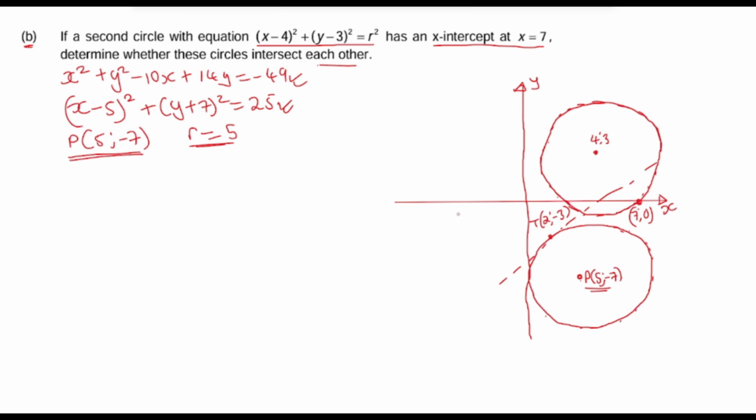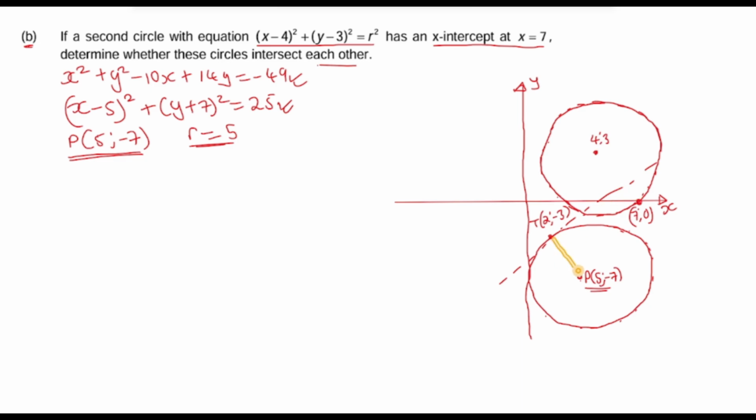Right, we want to find out if these two circles intersect or not. How can we do this? We can find the distance between the two centers using the distance formula. And then we're going to find the radius of this new circle. We can use the center point that we're given, the coordinates of the center coming from the equation, so you can find the length of the radius.